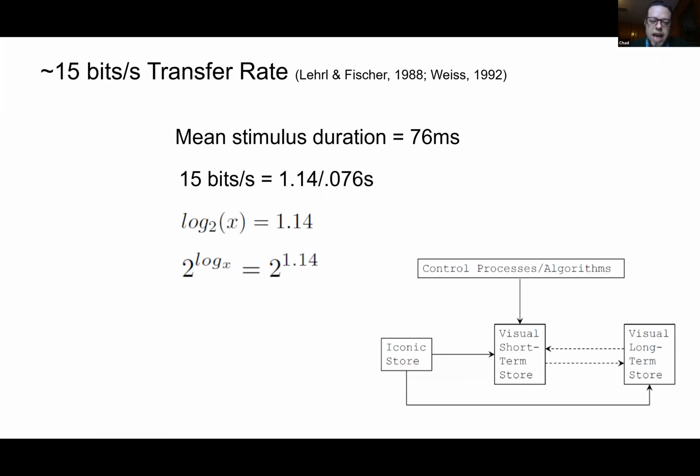And if you just do the math, there must have been about 2 items. So that's, again, more evidence that they are working with the non-selective readout, as Coltheart called it, from iconic memory. So what they end up with in visual short-term memory, when they're averaging, they're operating on the contents of short-term memory. That's what this is suggesting.